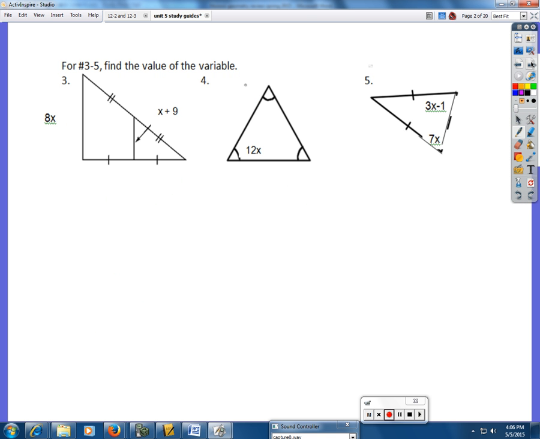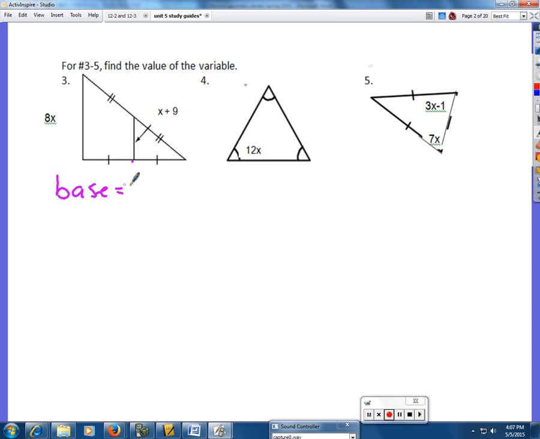Next we have three triangles with solving for a variable. I have 8x and x plus 9 here. I can see that this is going to be a mid-segment because both of these sides are divided in half. So the mid-segment is half of the base. In other words, the base equals 2 times the mid-segment.